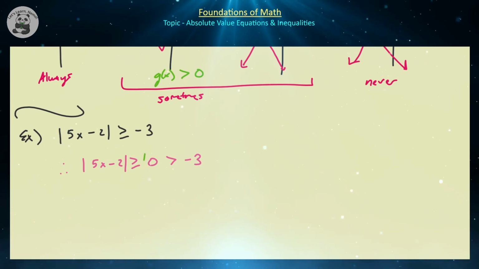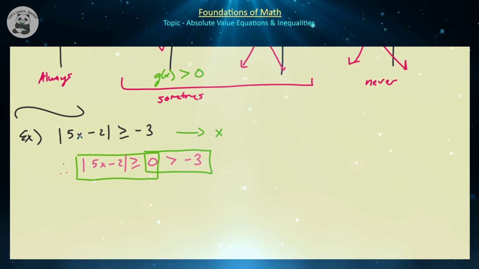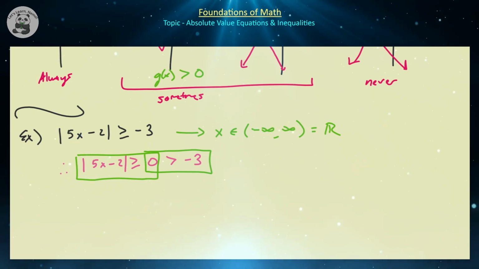So since absolute value is always greater than or equal to 0, that means the absolute value of 5x minus 2 is always greater than negative 3. So the solution is all real numbers.